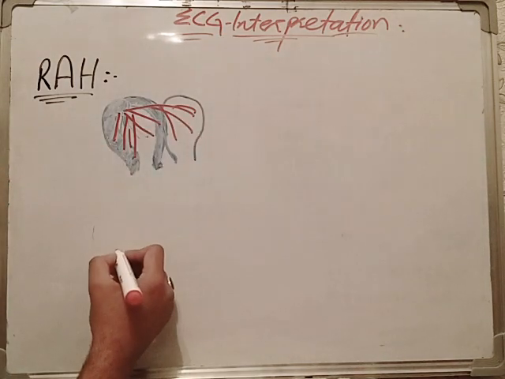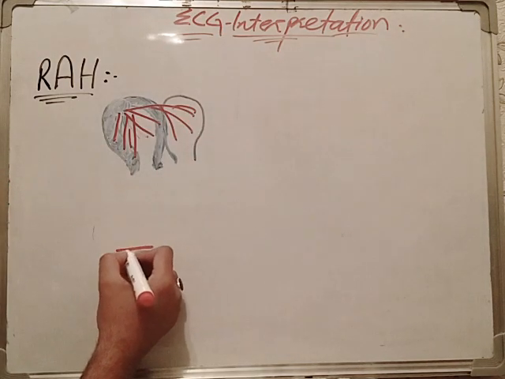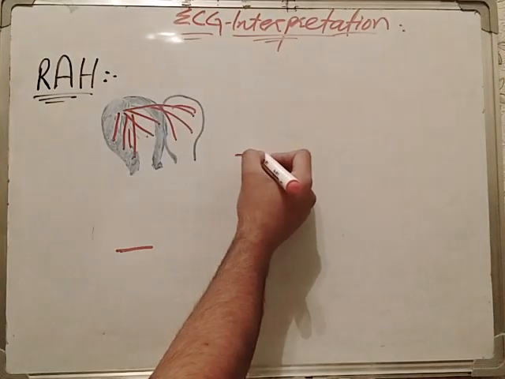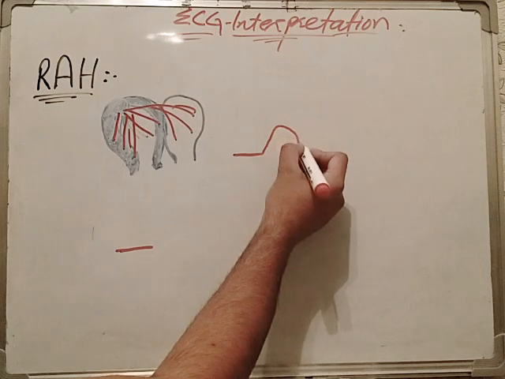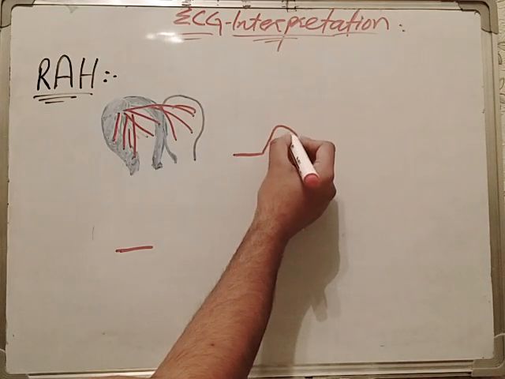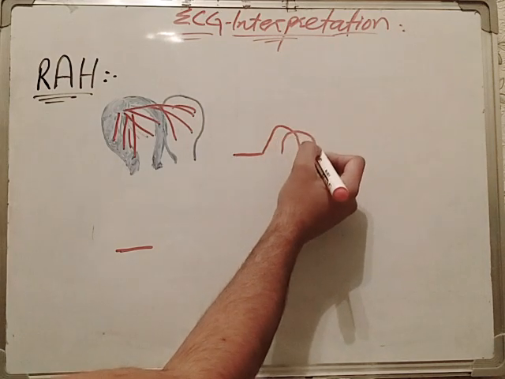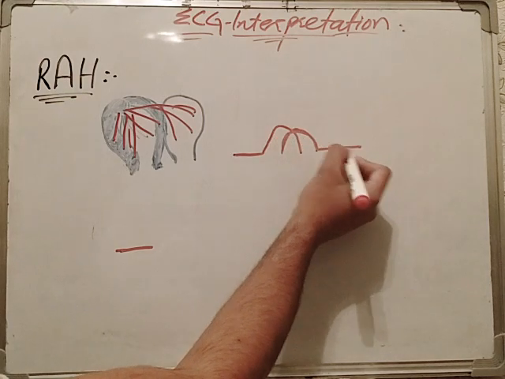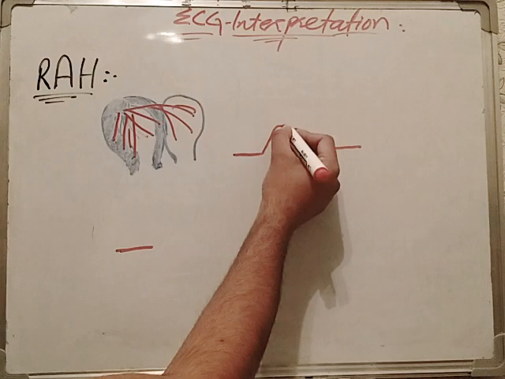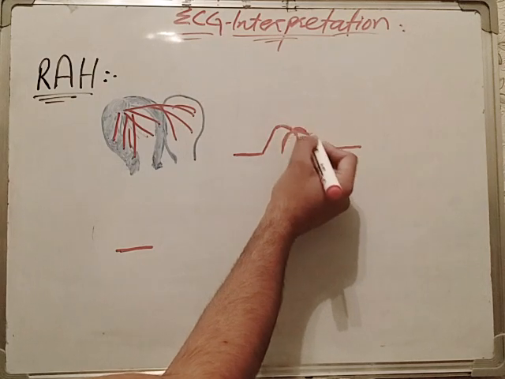For example, as I draw the graphic representation of the atria like this, and ventricle, right and left atrium like this, they have the same amplitude.